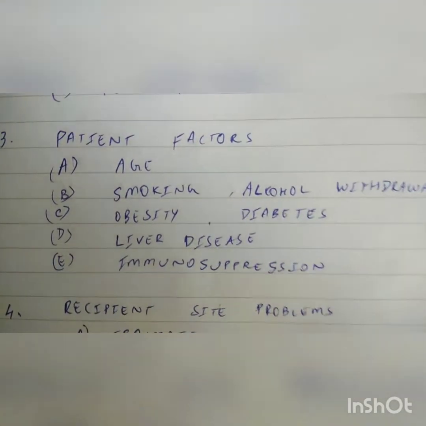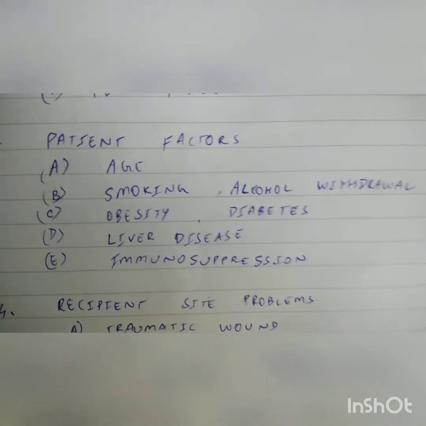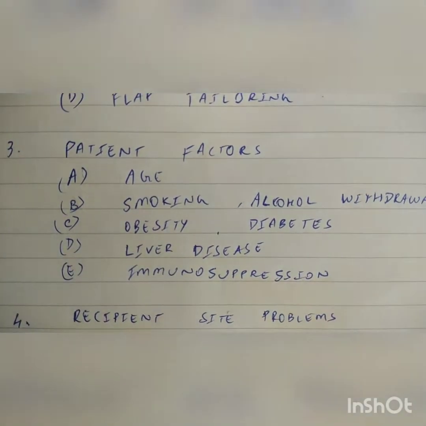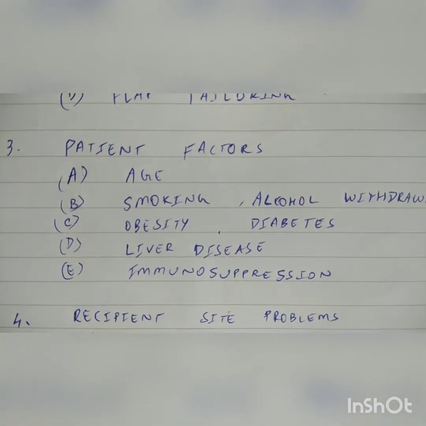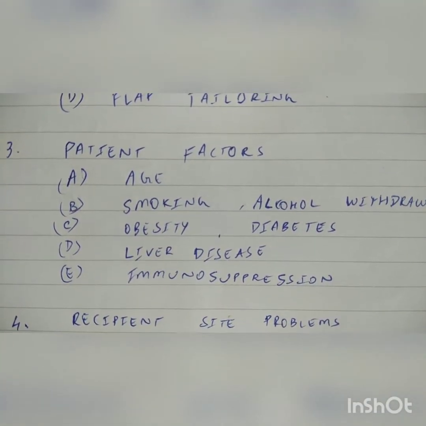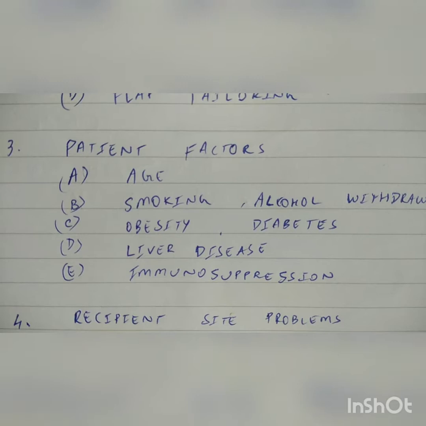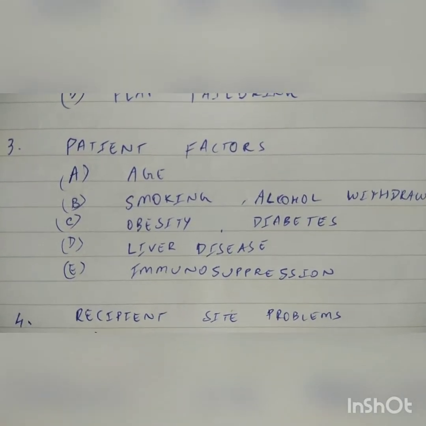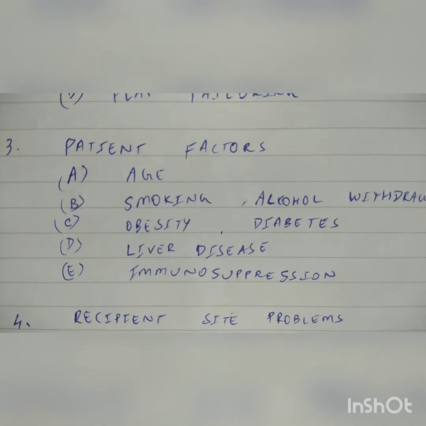Then what are the patient factors? Age is not such an important factor. However, an extreme elderly patient can have a problem with post-operative medical complications. Then smoking has to be stopped at least 4 weeks before any free flap reconstruction wherever possible.